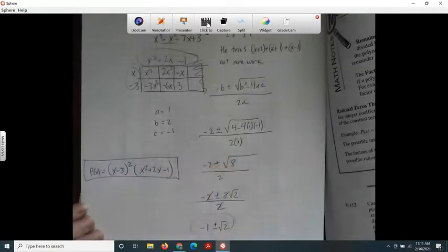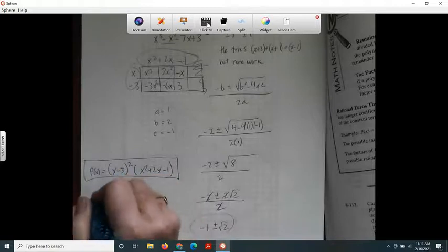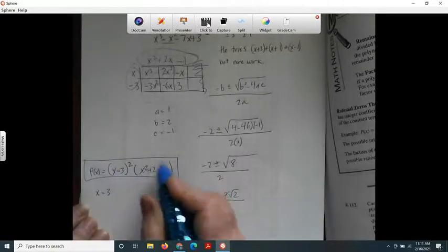And so I think I just want to say what x is equal to. So from this factor right here, x is equal to 3. And from this right here, we just found out x is equal to -1 plus or minus square root 2.